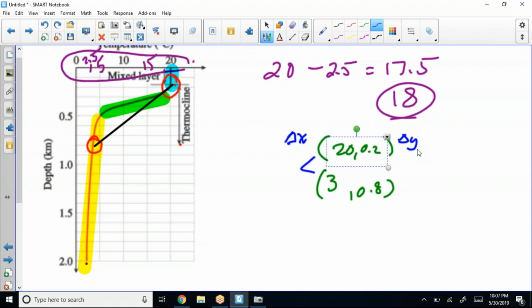Oh, the negative 17. Sorry, I was not seeing the negative 17. 20 down to 3 would be negative. 2.2 to 0.8 would be a change of 0.6.